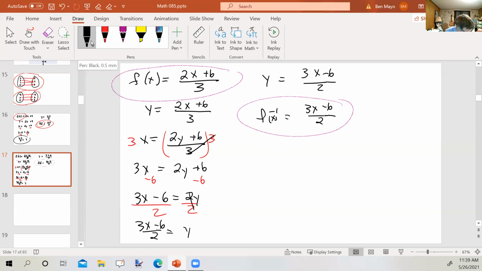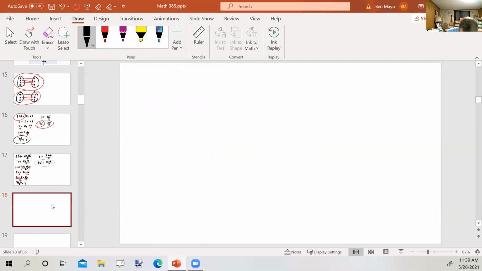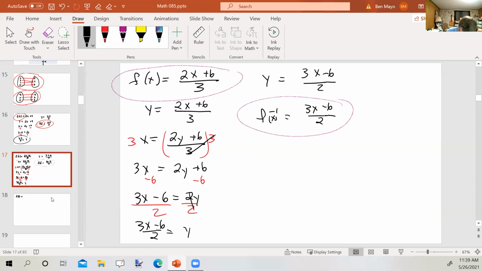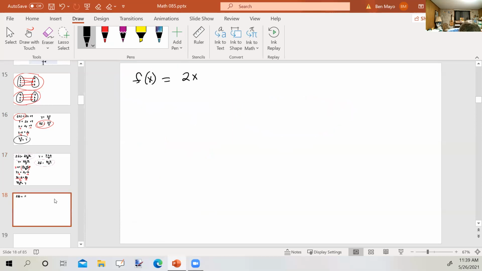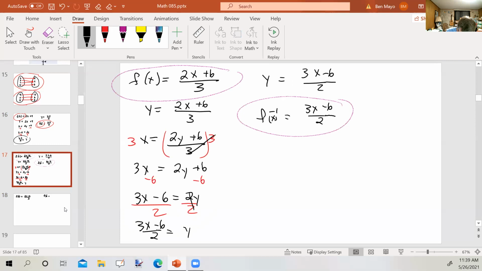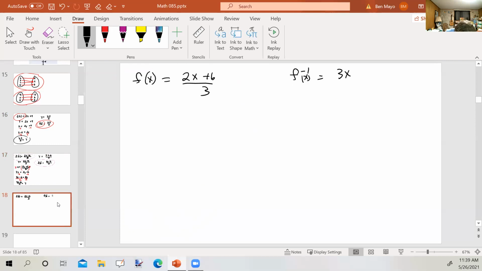The original function, f of x equals 2x plus 6 all over 3, and the inverse function is 3x minus 6 over 2. So again, let's make a table of some ordered pairs for this first function.